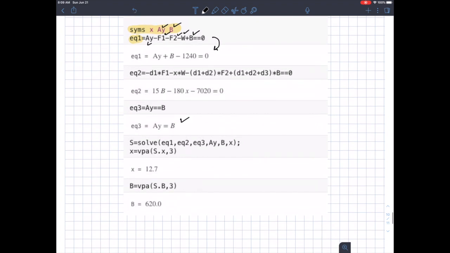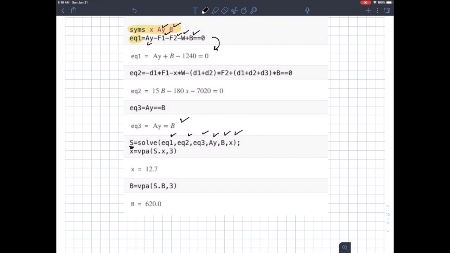All right, so next what I do is I use the solve command from the symbolic toolbox of MATLAB. Okay, so you noticed I had three equations, so I just list those, 1, 2, 3, separated by commas. And then I list the set of unknowns, and I called this output a variable. Okay, it's actually a structure. All right, you don't need to know anything about structures to use them.